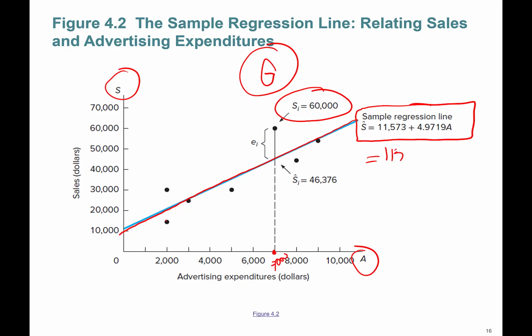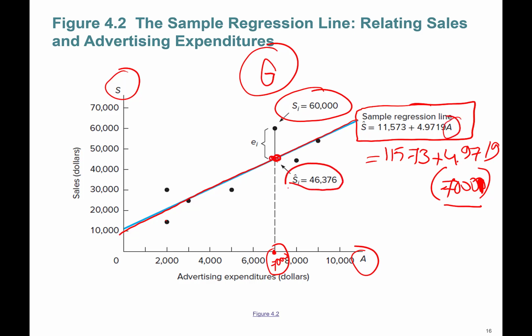It's based on this estimate plus 4.9719 times advertising, which was $7,000. So the model gives you $46,376 of sales predicted. However, in reality, it is 60,000. That is fine. This is what we call the residual, that little error the model makes, which is fine.